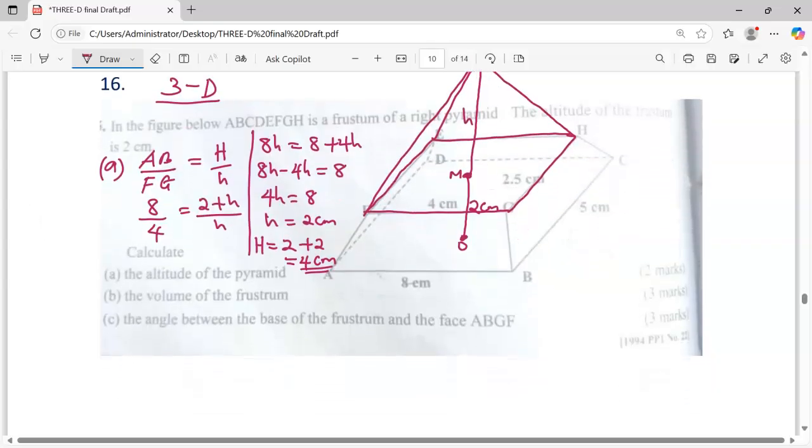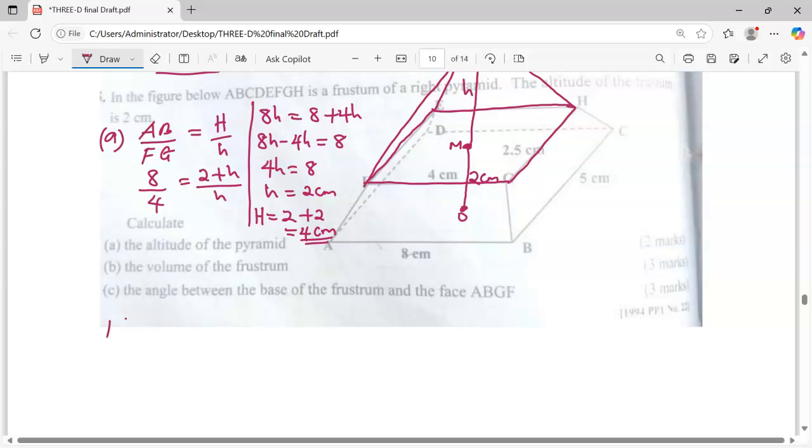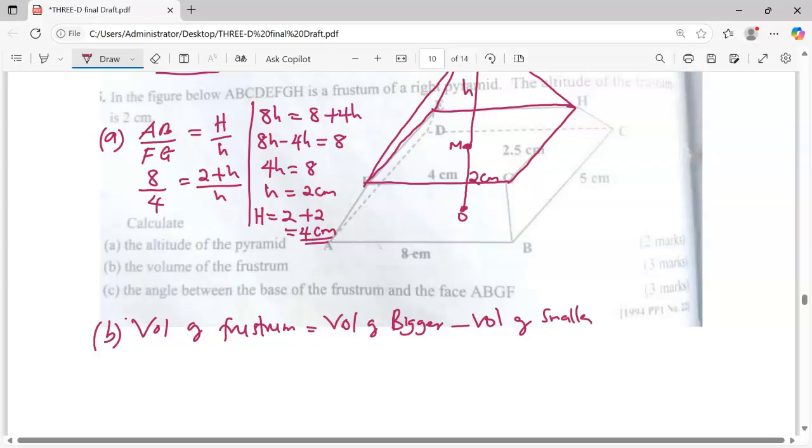We are moving to part B of the question. And in part B, we are supposed to calculate the volume of the frustrum. For us to get the volume of the frustrum, we must get the volume of the bigger pyramid minus the volume of the smaller pyramid.